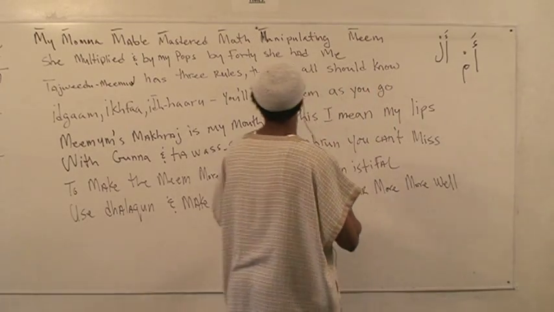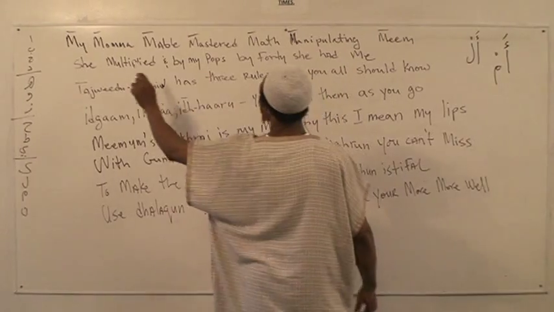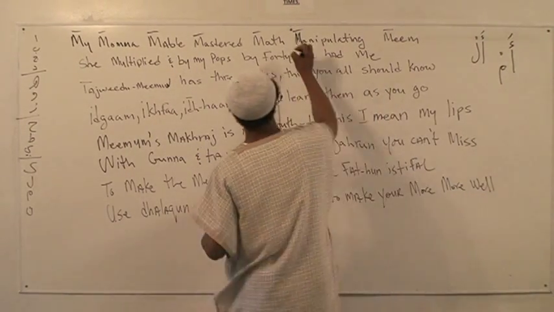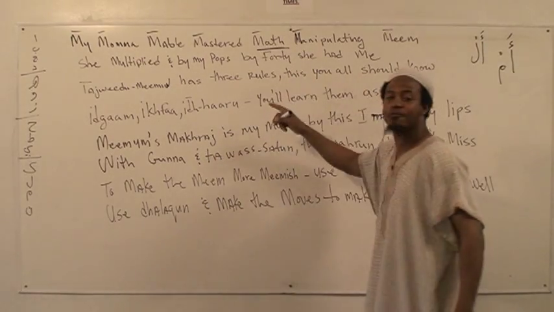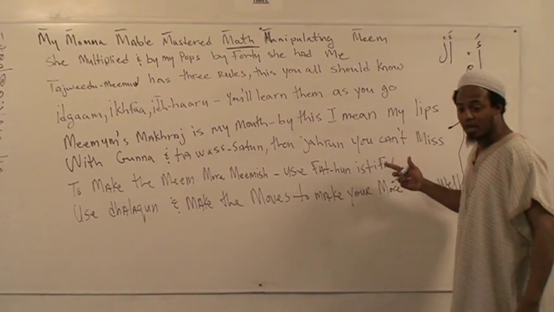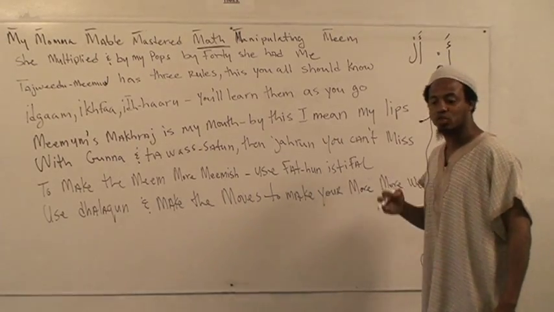So that's the rule. So it says, my mama Mabel mastered math manipulating meem. She multiplied and by my pops by 40 she had me. By 40. Here, this number is here. What are the things we're looking for in these poems? It says, what does it start off to be? With Bismillah and Alhamdulillah, then blessings on the Prophet.